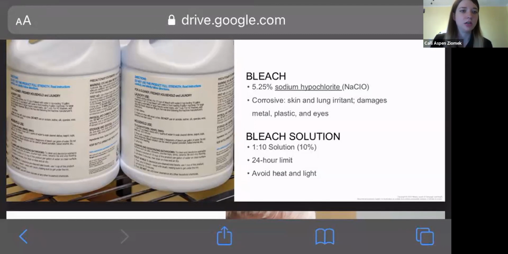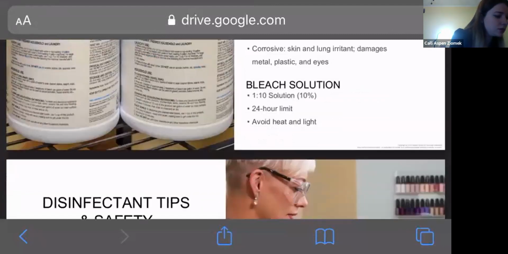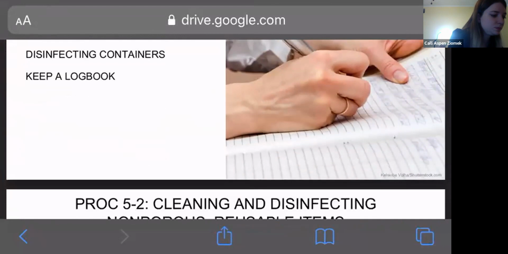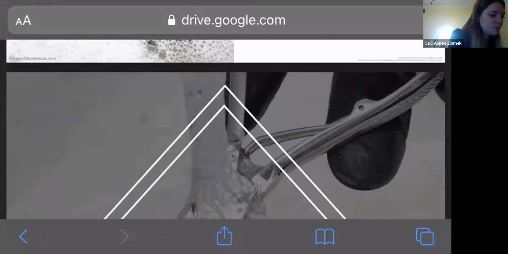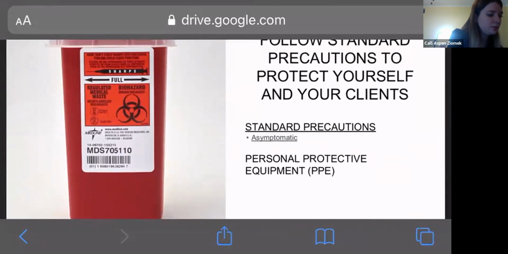Let me see if I can find the biohazard box. Yes. So this box that you see on the screen right there, that is a biohazard box. So they are used for any blood or bodily fluid.